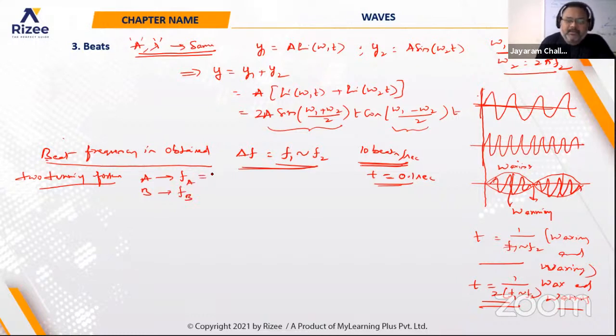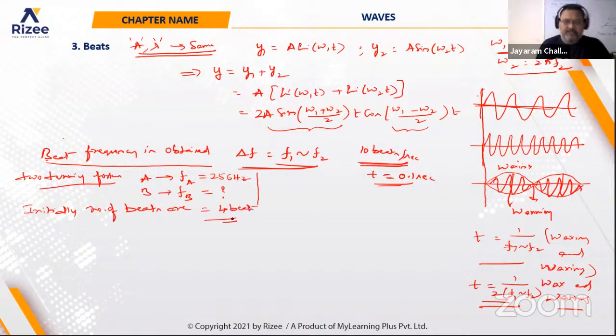Let the frequency of A be 256 hertz, and you need to find out the value of B. This is the simple thing. Now, initially, the number of beats produced are, let us imagine, 4 beats per second.